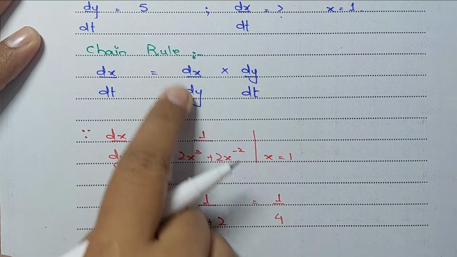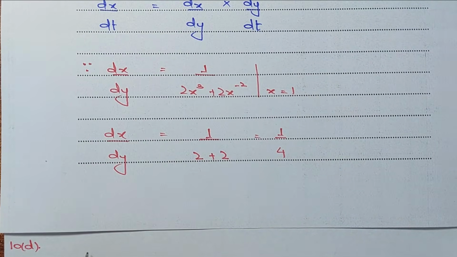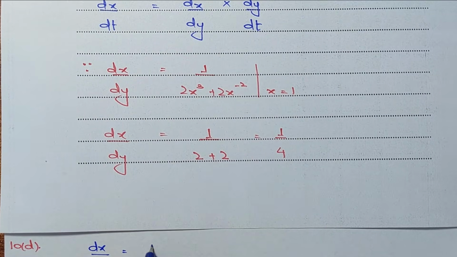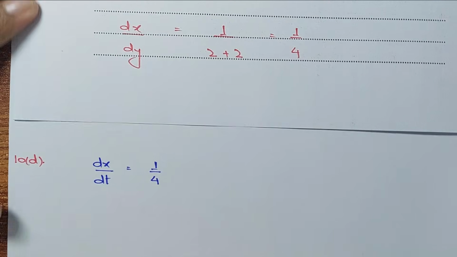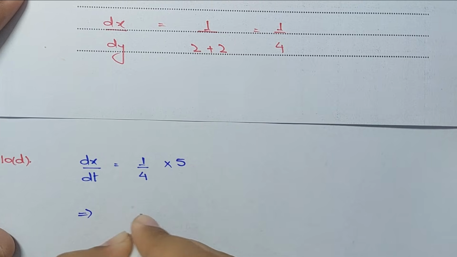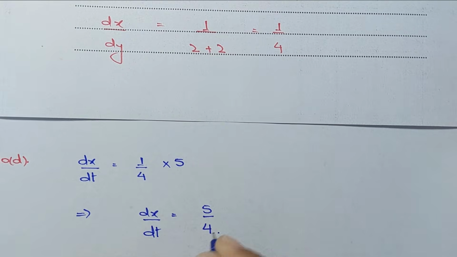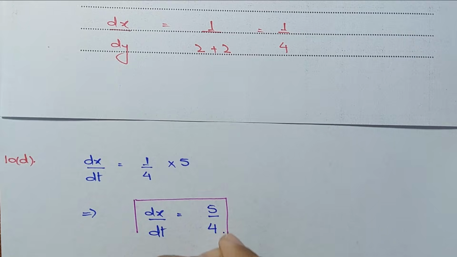Now for dx over dt, dx over dy is 1 by 4 and dy over dt is 5. Multiplying by 5, dx over dt is 5 over 4. This is the rate of increase of the x coordinate of A at the point where x is 1.